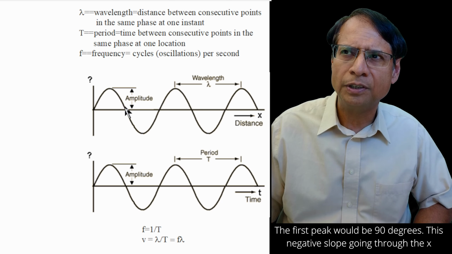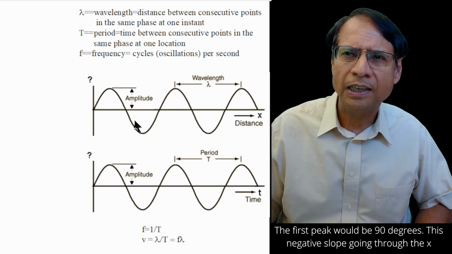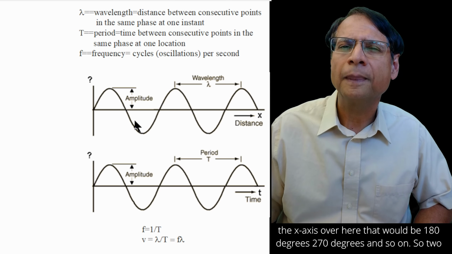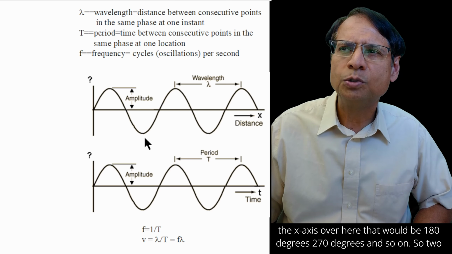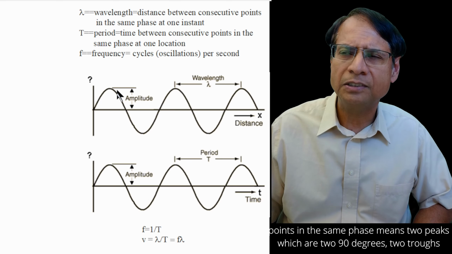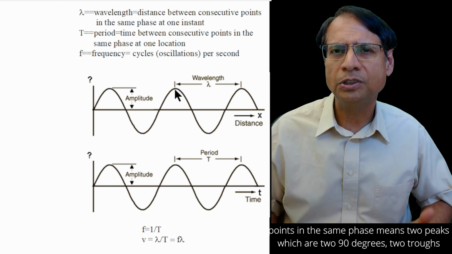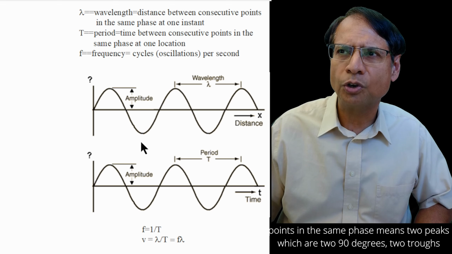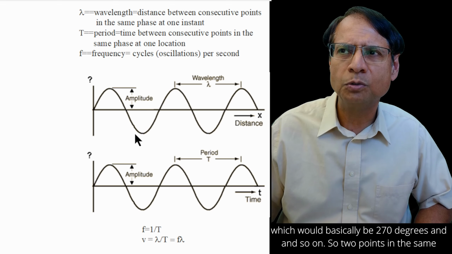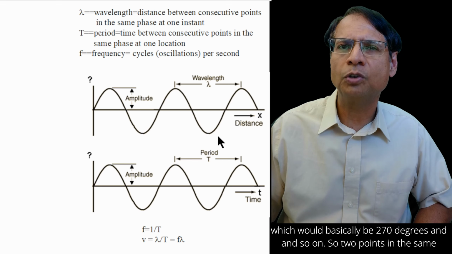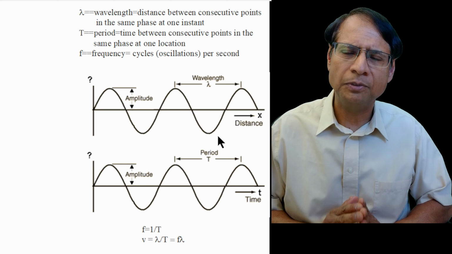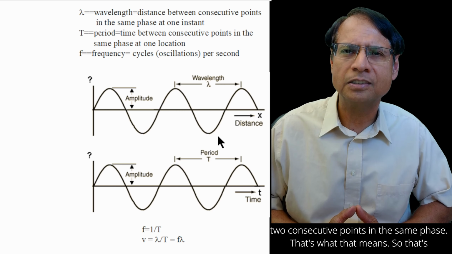This negative slope going through the x-axis over here would be 180 degrees, then 270 degrees, and so on. So two points in the same phase means two peaks, or two troughs, which would be 270 degrees, and so on. So two consecutive points in the same phase.